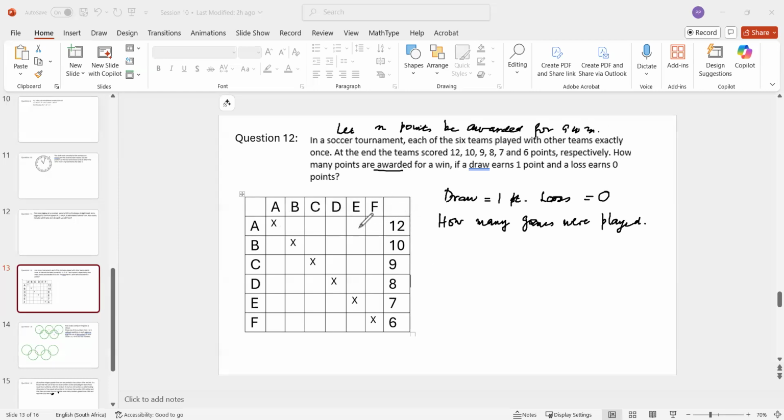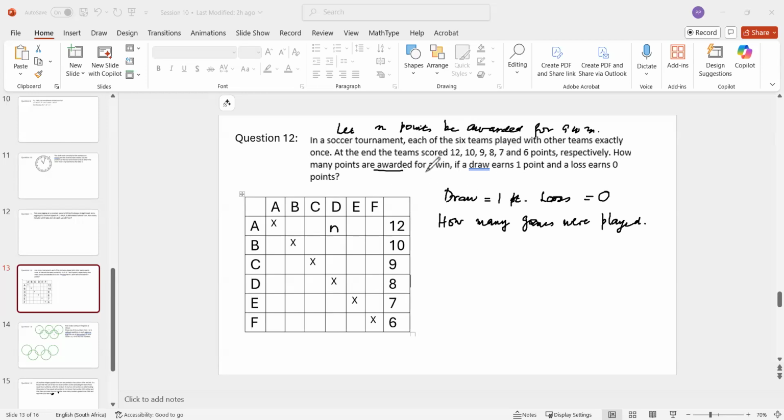Now, for instance, suppose A plays D and A won. So it means that D lost and will get 0 points. But then A, no, I'm sorry, A won. So A will have got n points, because A wins and a win counts n points.